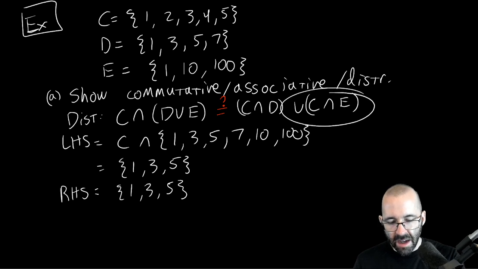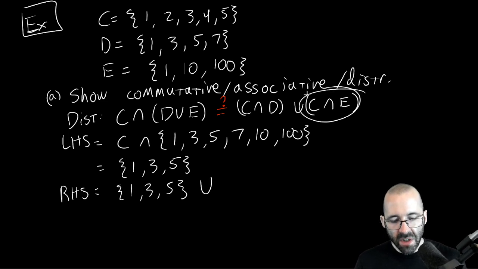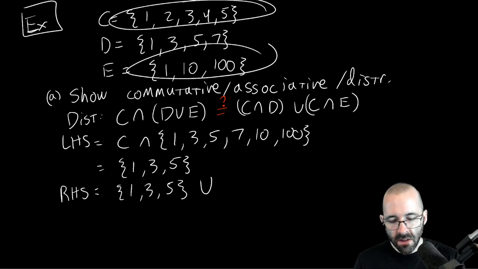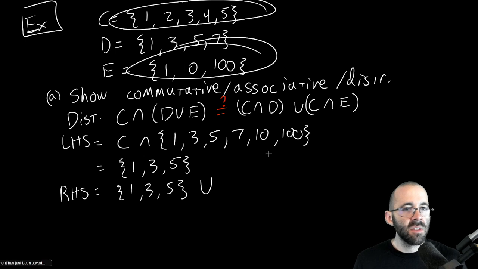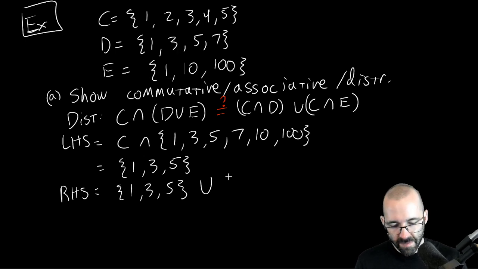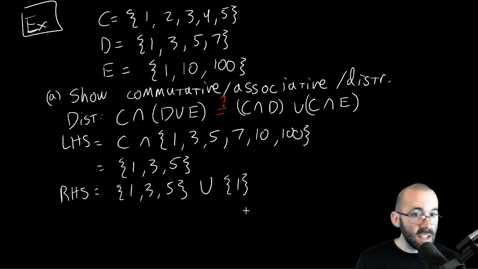Now we need to union that with what's in both C and E. What's the overlap between C and E? The only overlap between these two sets is element 1. Be very careful to write the set containing 1 and not just 1.